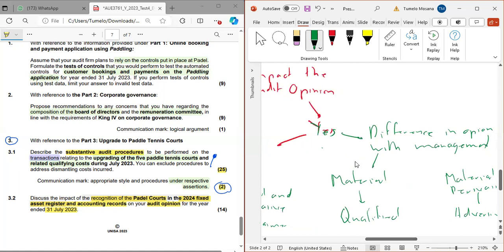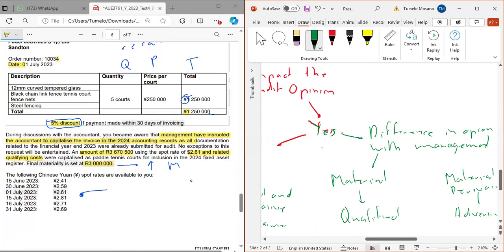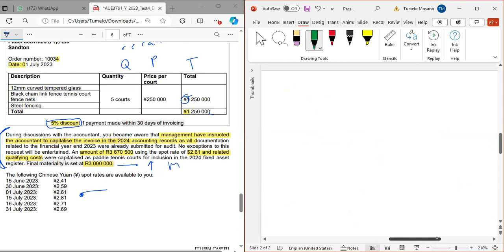So now the question says we have to discuss the impact of the recognition of pedal court in the 2024 fixed asset register. So this is when management wants the accountant to capitalize it in the 2024 year, right? Before we discuss this further, I'd like to mention that we can use certain steps to guide us in answering such a question.